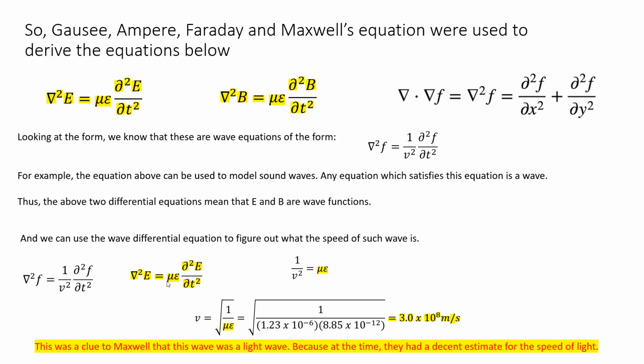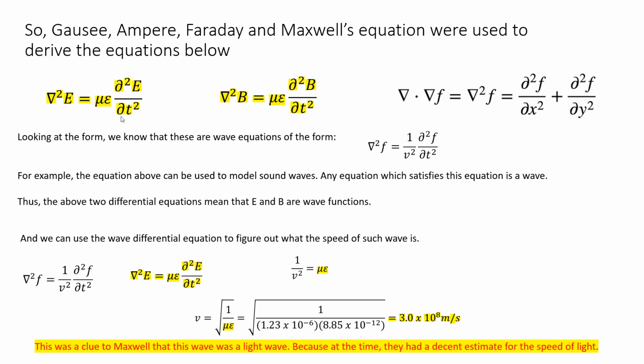So if 1 over v squared is equal to this, then v is equal to this expression here. We know these values from experiment, mu and epsilon. When we compute this, we get the speed of light. So it was concluded by Maxwell that this oscillating electromagnetic field was light. And that was a miraculous moment for Maxwell, as it was for the human race.